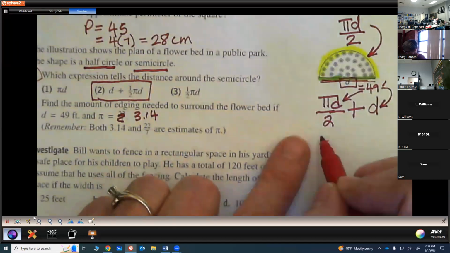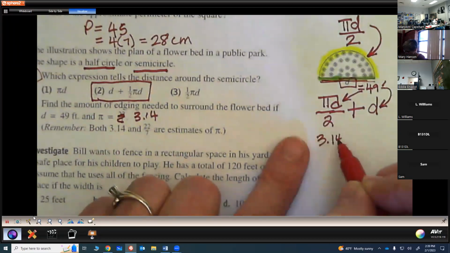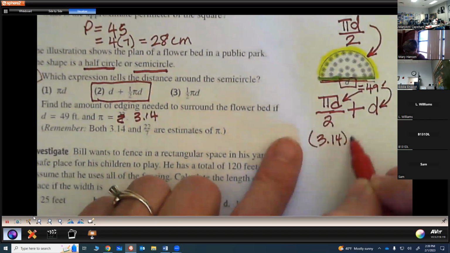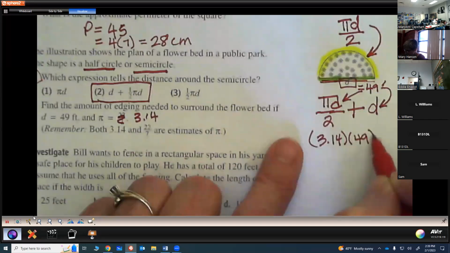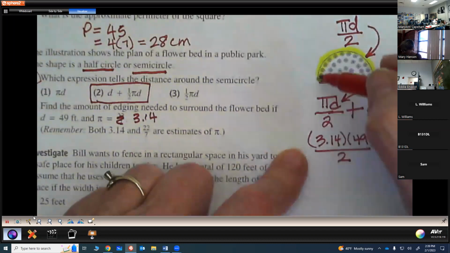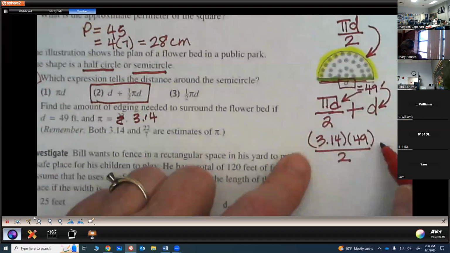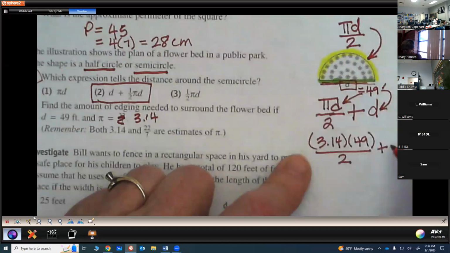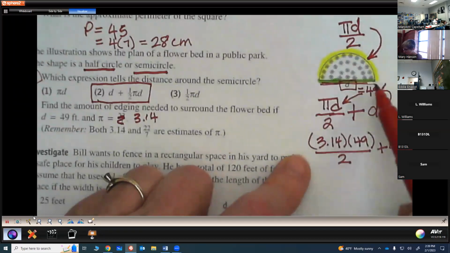And so I can take 3.14 times 49 divided by 2. That gives me the yellow portion of fencing or edging. And then I have to add to it the length of the diameter to get that straight edge here.